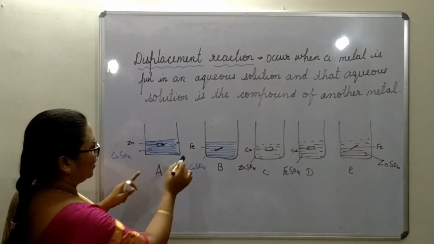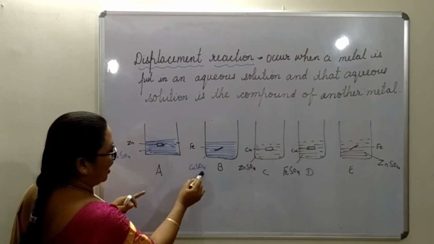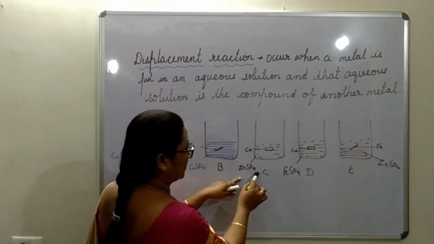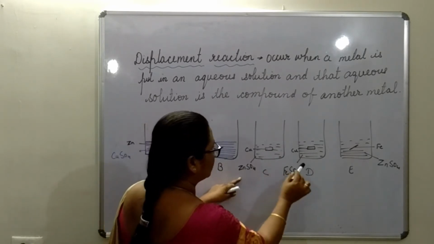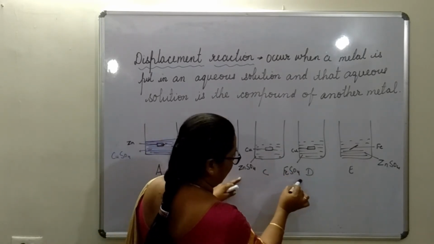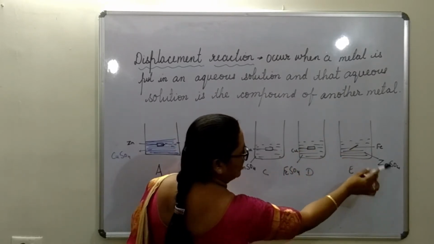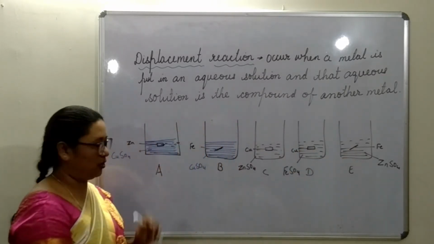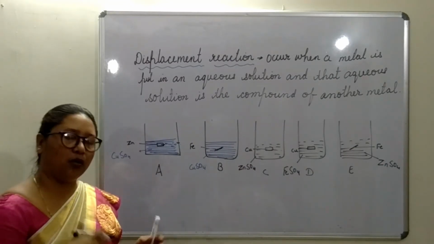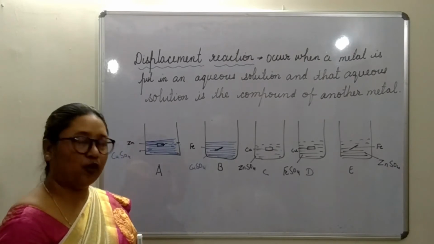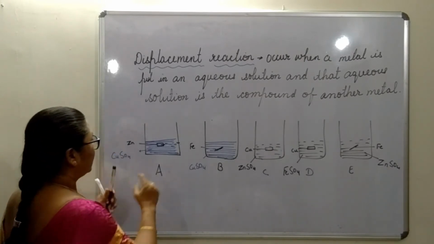Here Fe is the metal, aqueous solution is copper sulfate; copper is the metal, zinc sulfate is the aqueous solution; iron sulfate is the aqueous solution, copper is the metal; iron is the metal and zinc sulfate is the aqueous solution.